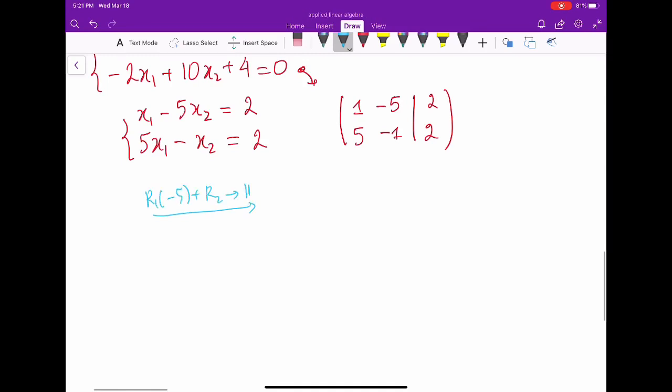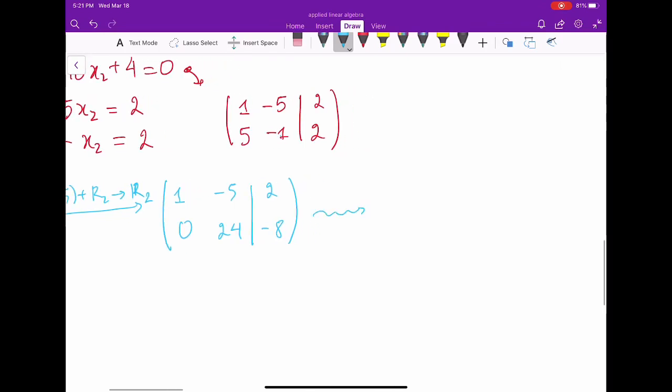I have the following: this is just 1, negative 5, here is 2. This is 0, and negative 5 with negative 5 is negative 25 plus 25, and then minus 1 is 24. And 2 times negative 5 is negative 10, plus 2 is negative 8.